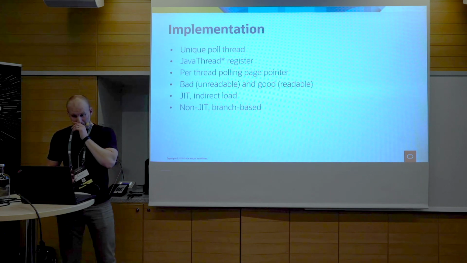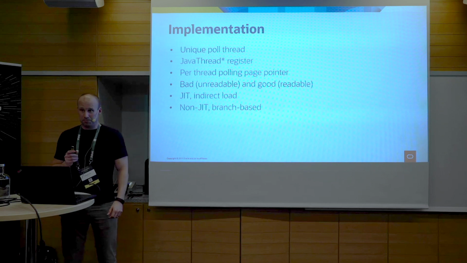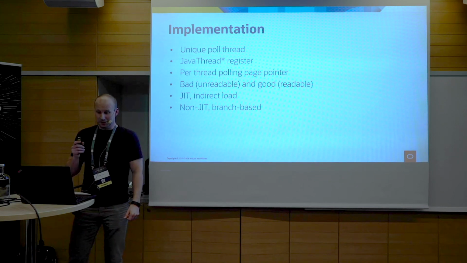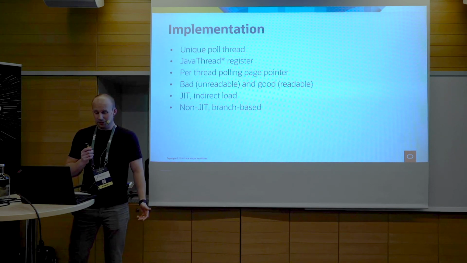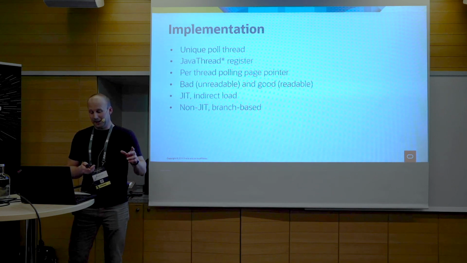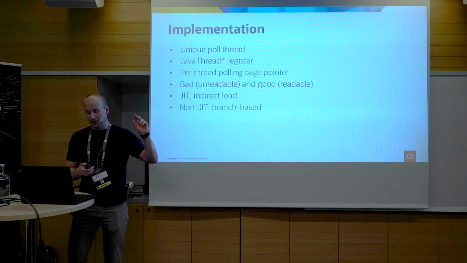So, implementation. We need a unique poll per thread. And the solution we pushed utilized the fact that most architectures already have the thread pointer, the native structure for each Java thread, in a register.